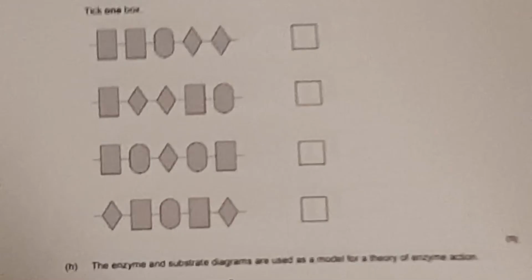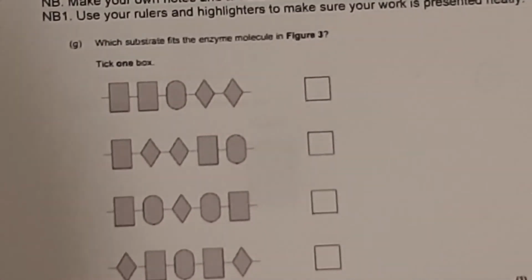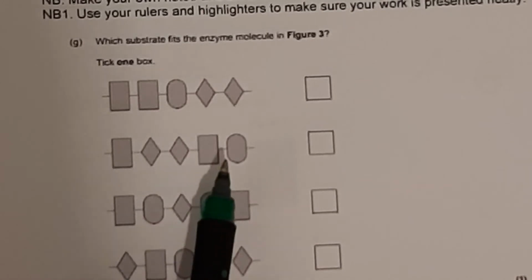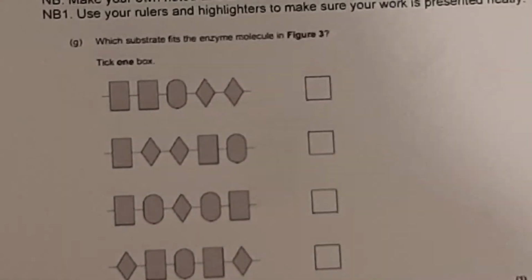So the question asks us which substrate fits into the enzyme molecule in figure 3. So we are looking for a square, a triangle, and a triangle again, all in a row. Okay, so we're only going to be getting onto one side of this. So which one can you see with a square, a triangle, and a triangle in a row?